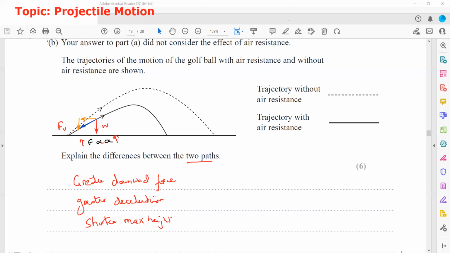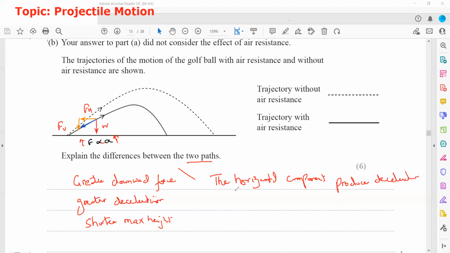What about the horizontal motion? Originally we assumed there is no air resistance in the horizontal direction to oppose the motion, but now as it is moving, there is a horizontal component of air resistance. So the horizontal component of air resistance will produce deceleration.